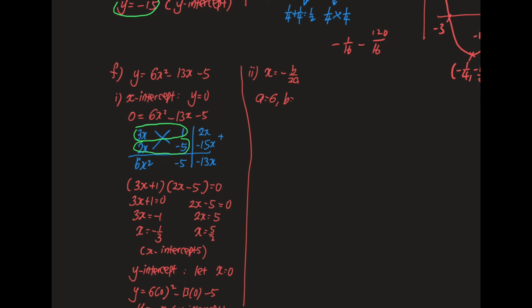Now what to do is we just substitute into the formula, minus b over 2a, and then we get 13 over 12. So x equal to 13 over 12 is what we call the axis of symmetry.